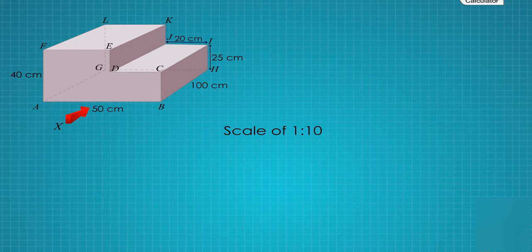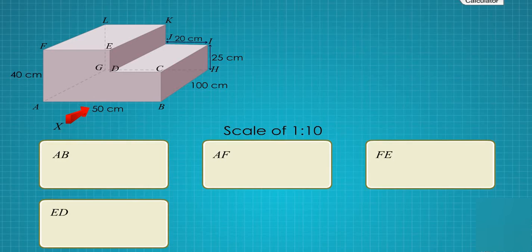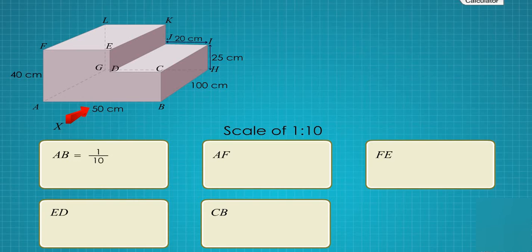We should first convert the measurements for AB, AF, FE, ED, and CB for the front elevation according to the given scale. AB is equal to 1/10 times 50 centimeters, which is equal to 5 centimeters. AF is equal to 1/10 times 40 centimeters, which is equal to 4 centimeters.